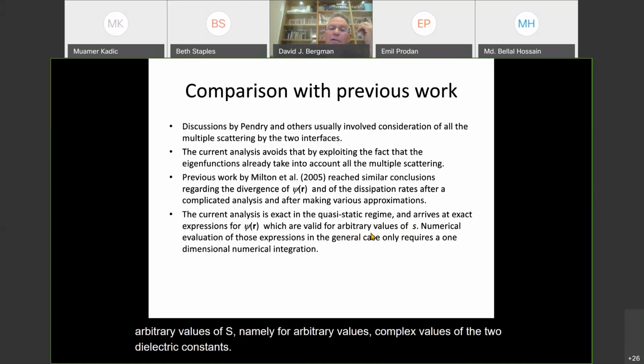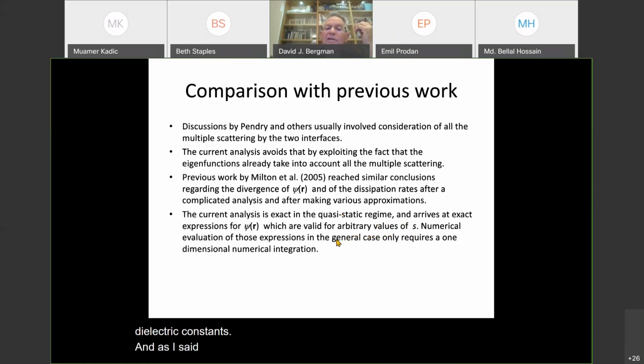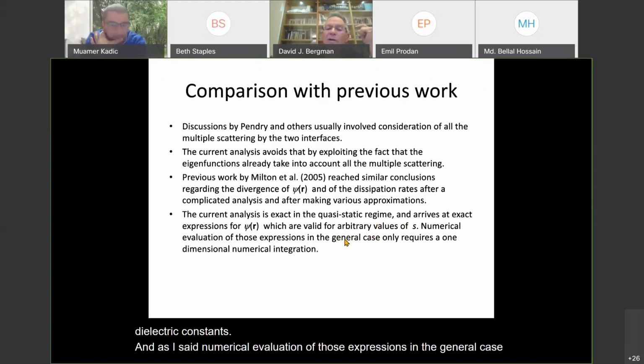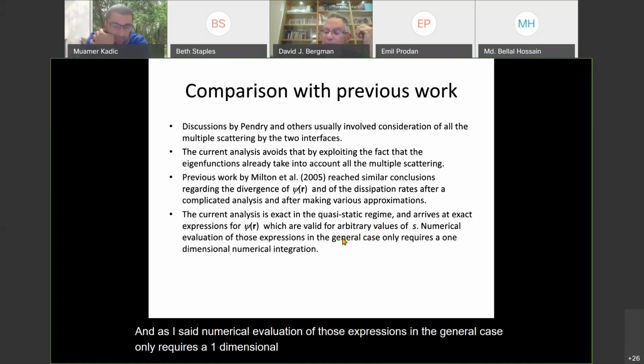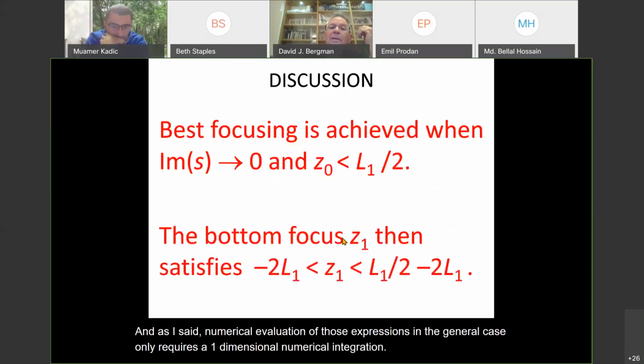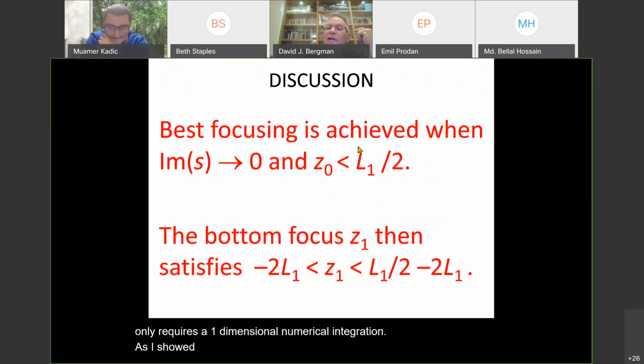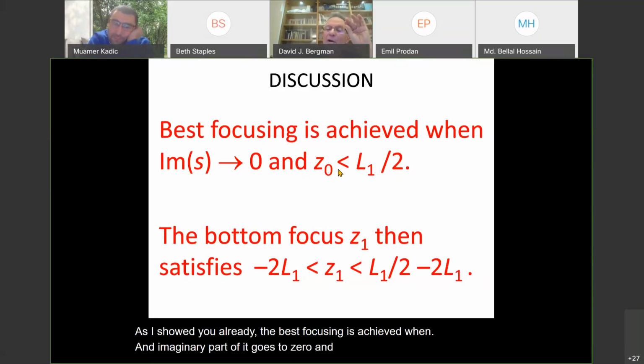And as I said, numerical evaluation of those expressions, in the general case, only requires a one-dimensional numerical integration. As I showed you already, the best focusing is achieved when the imaginary part of S goes to 0 and the Z0 is as close as possible to the layer.